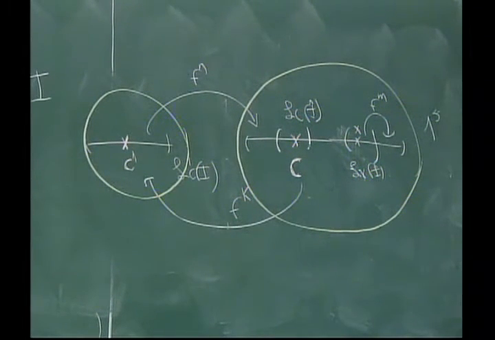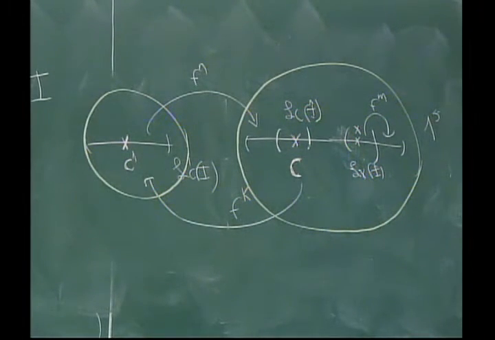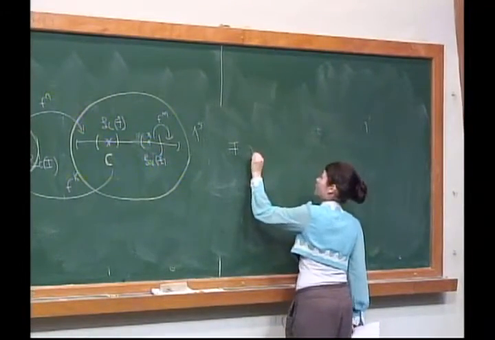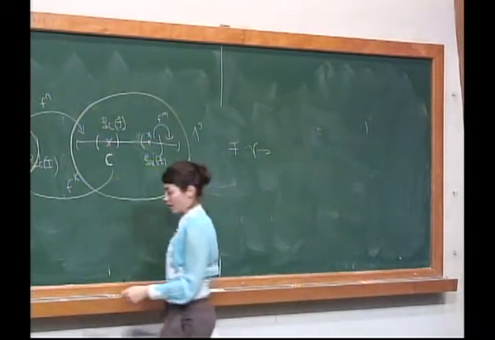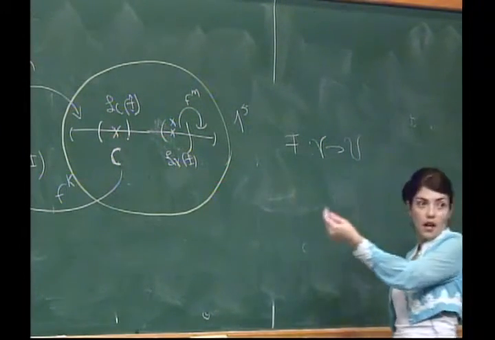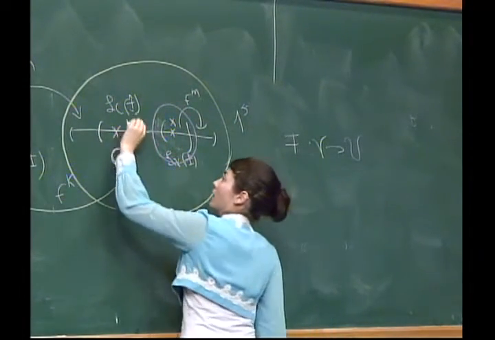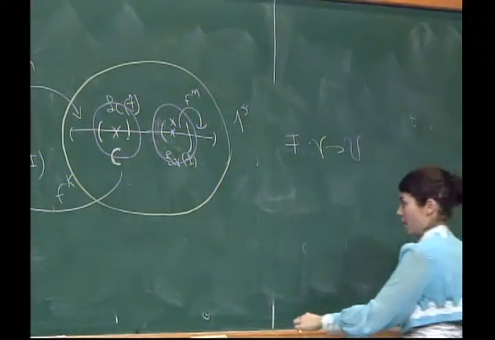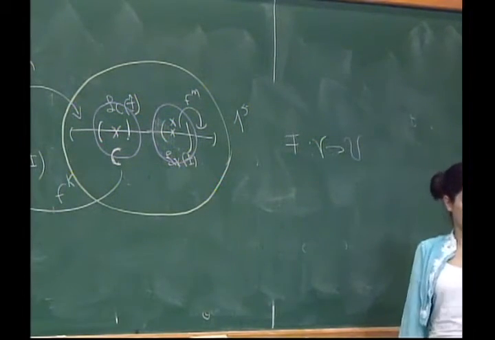So the map F, which is now going to be a complex map, is going to go from B, which will be the union of the green things, to some U. Let me find a color that I hope you can see. Maybe this one. To some U. So the idea is, for each landing domain, I have to find a disk here, a disk here, and the map that sends this one to this one has to be that iterate of the map.